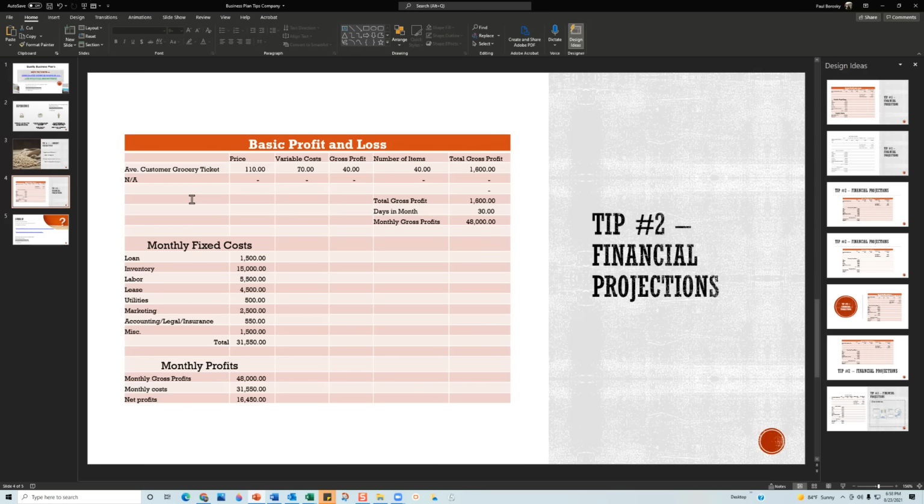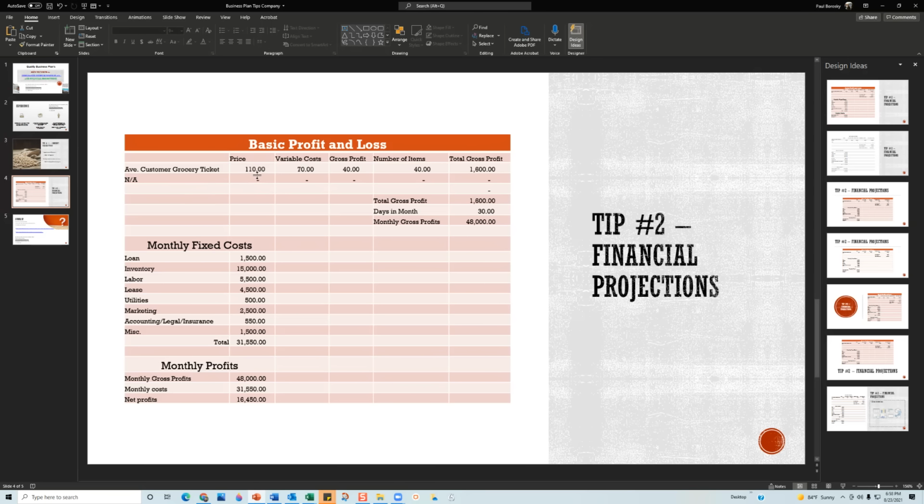So when I construct a profit and loss statement for a zero waste business, or even just a regular convenience store or grocery store, it's going to be the same structure. I'm going to identify what the average customer grocery ticket is going to be. For this example, I'm saying that the average person is going to walk in, they're going to drop $110.